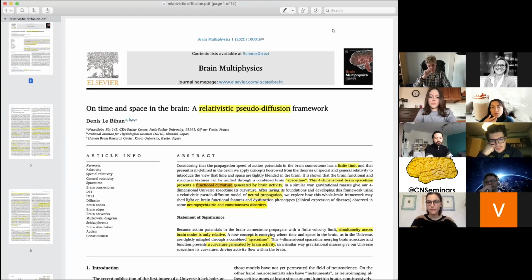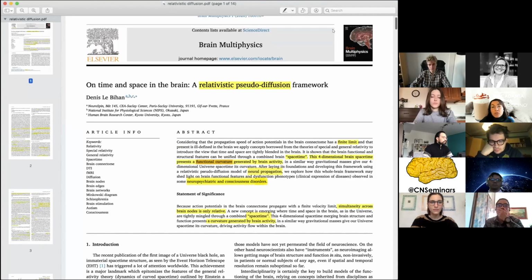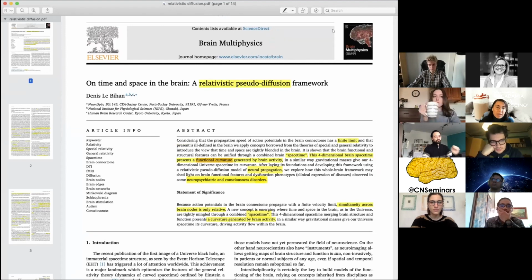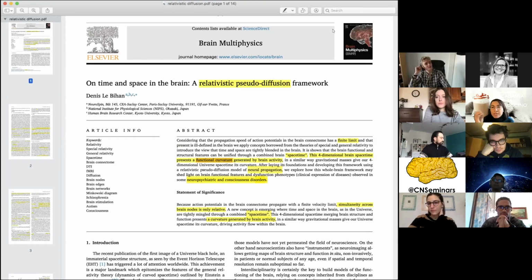These events usually are brain activations. So the velocity by which an electric impulse is propagating through the brain is not infinite, there are some limits.